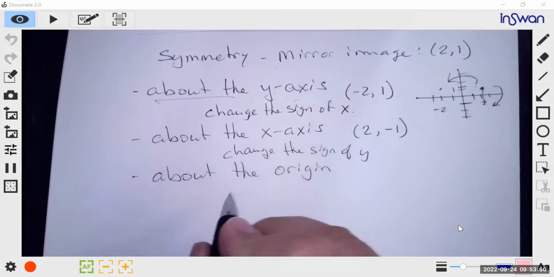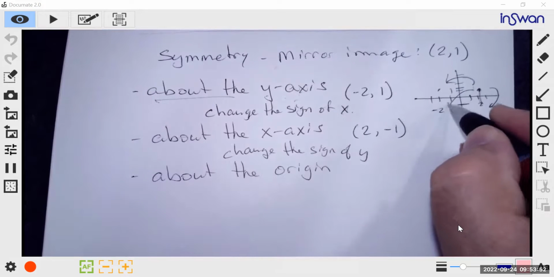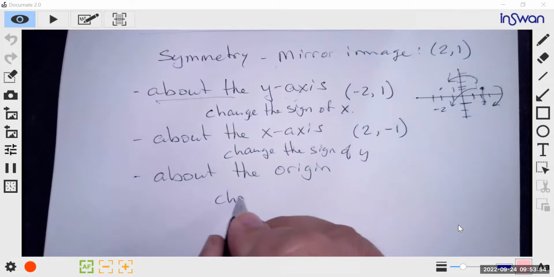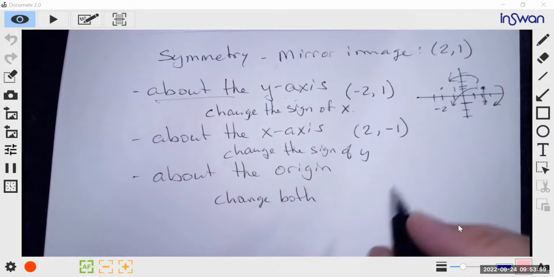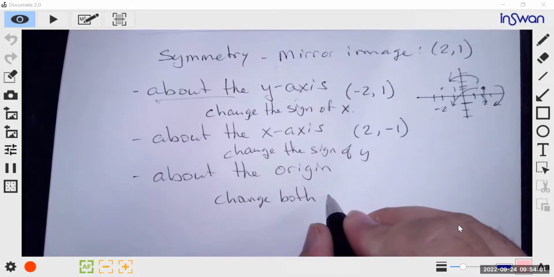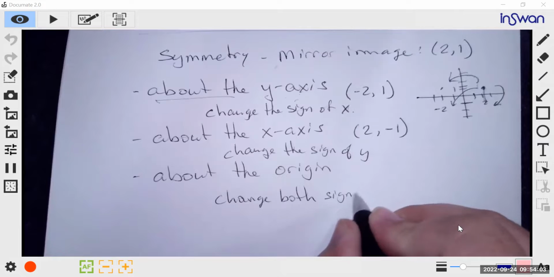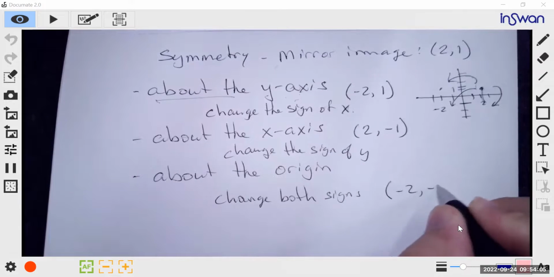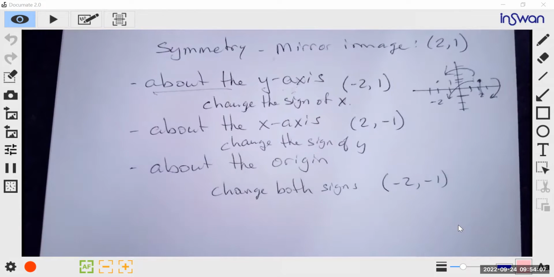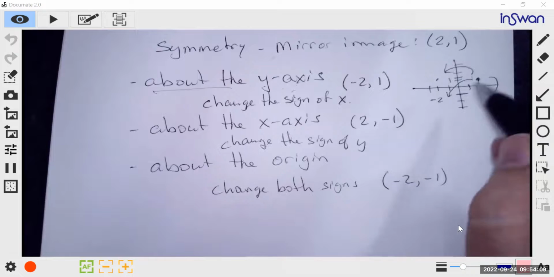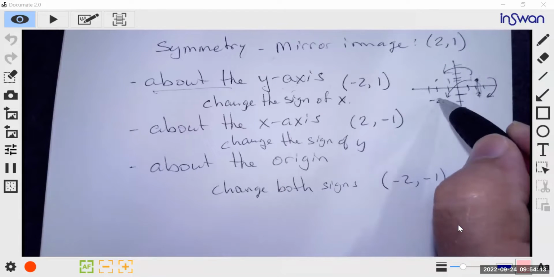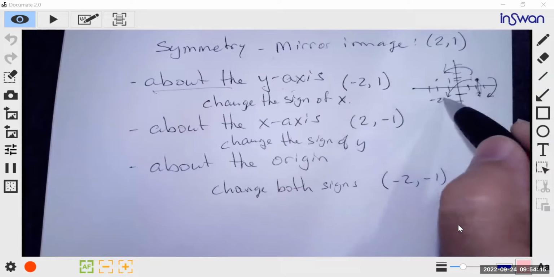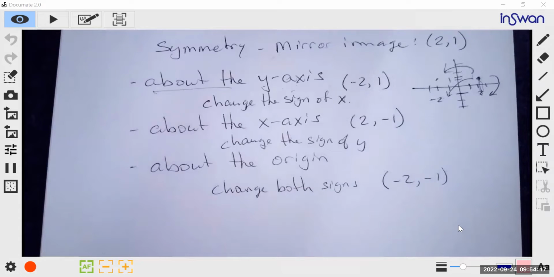And across the origin, you change both. So it'd be (-2, -1). Because what across the origin actually does is you flip across the x, then the y, or the y, then the x. In other words, you negate both of those.